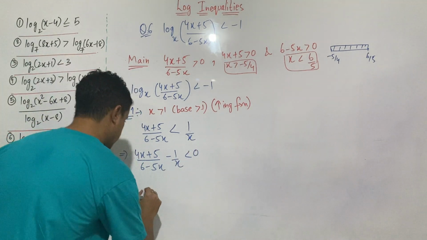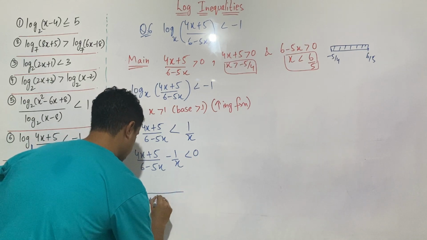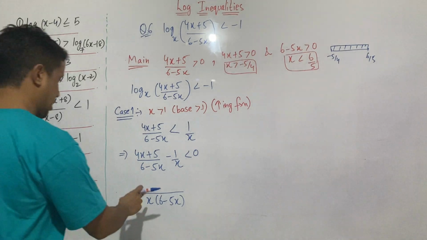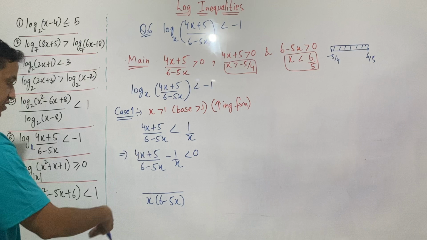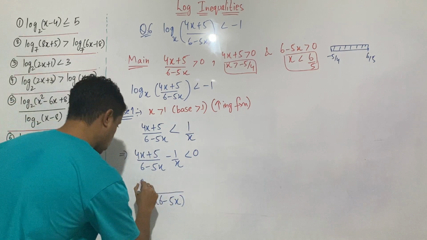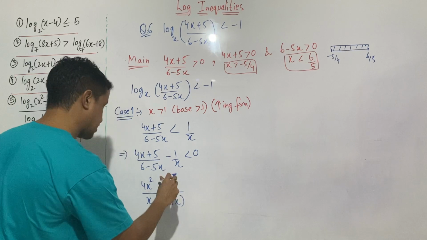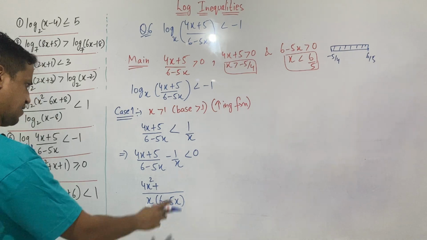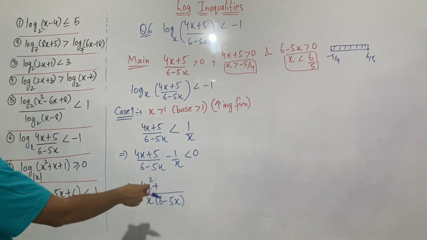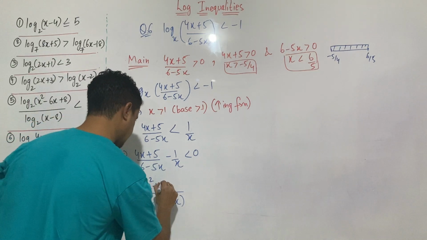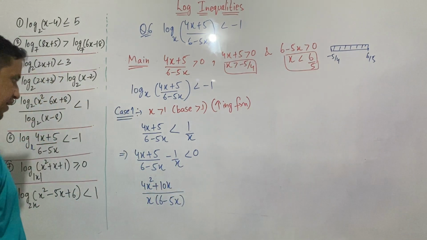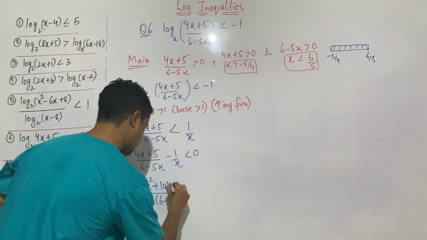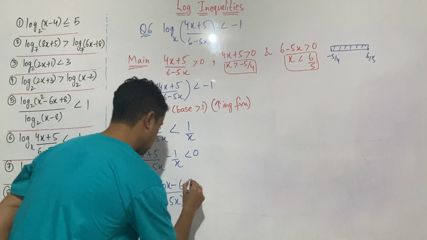Simplifying, it's going to be 4x squared plus 5x plus 10x minus 6 over x(6-5x), so 4x squared plus 10x minus 6.